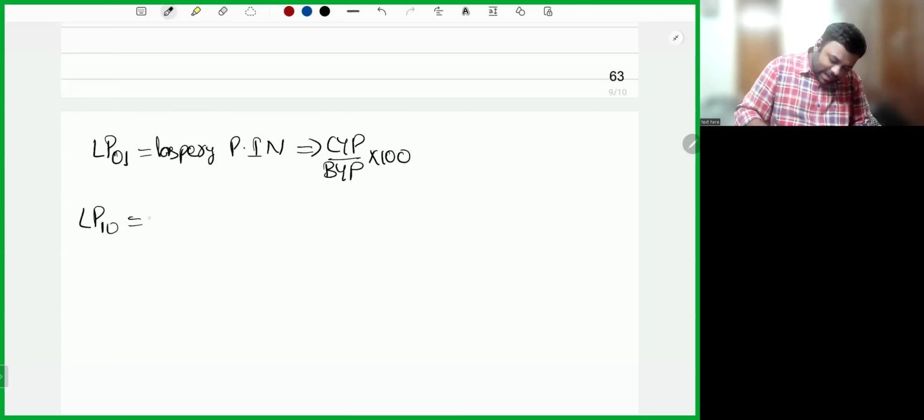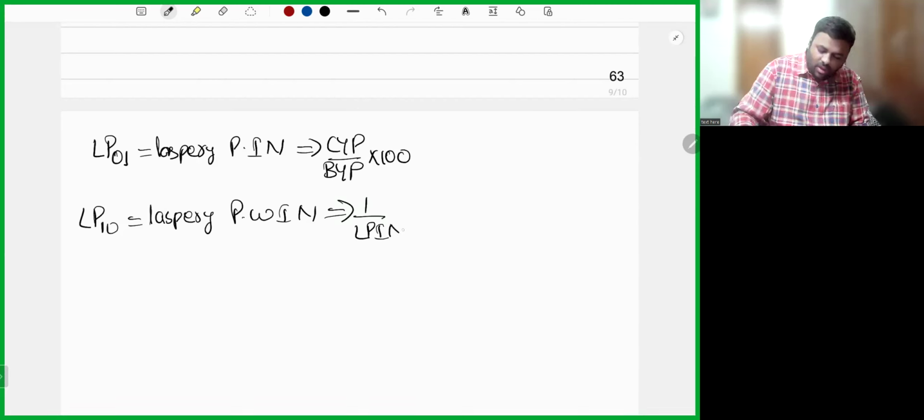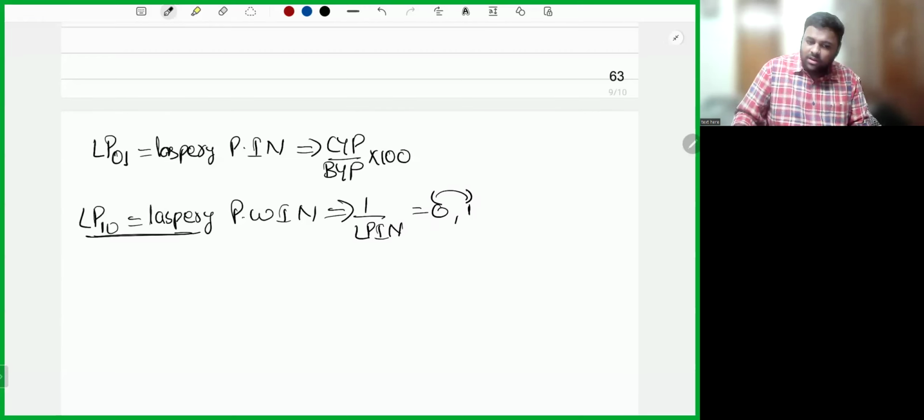They say Laspeyres purchasing power index number, LP10. You'll learn this in your CF angle, don't worry. That is 1 by the Laspeyres price index number, or you'll write base year price by current year. You will interchange 0 and 1 here. So this is the Laspeyres purchasing power index number, and this is the Laspeyres price index.